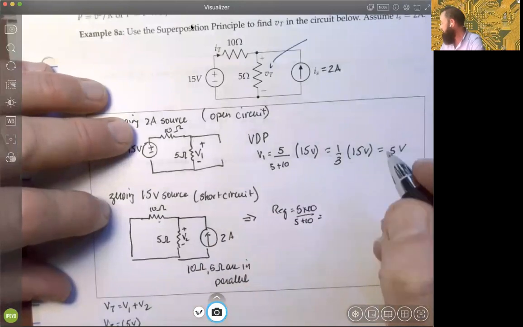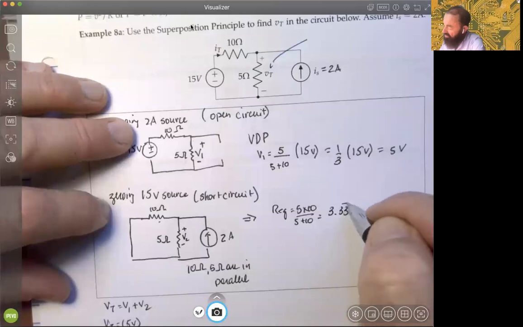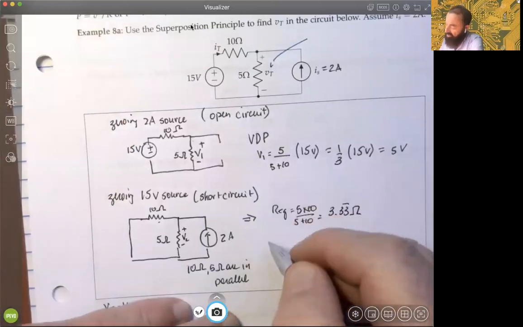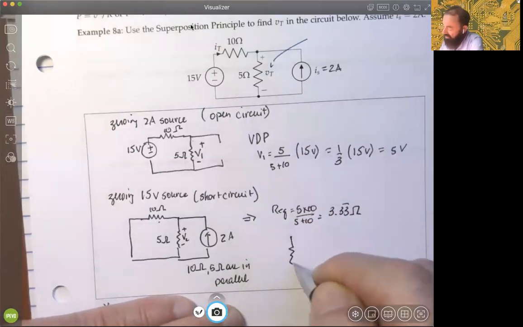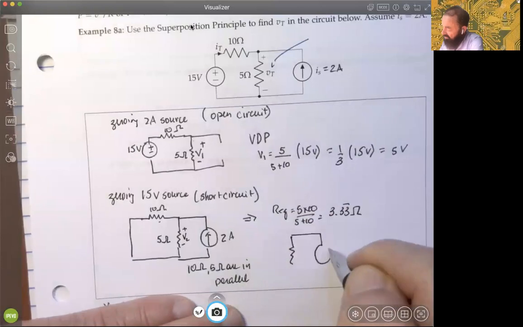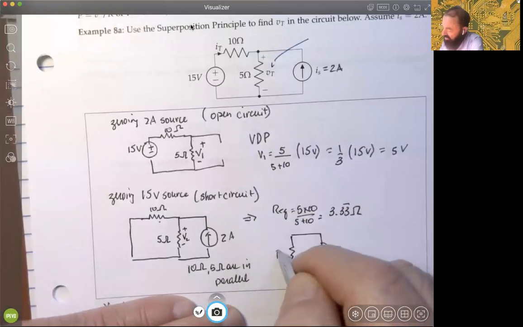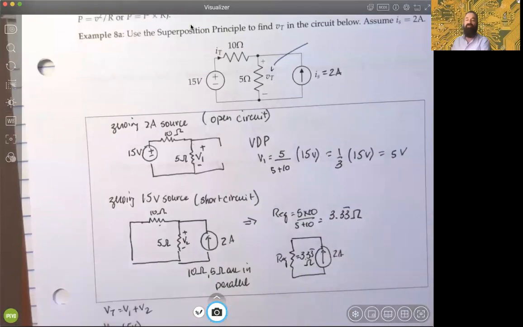And that should give us 50 over 15. That's going to be 3 1/3 ohms. So the equivalent here is just 1 resistance in parallel to the current source of 2 amps, and that is REQ equal to 3.33 ohms.